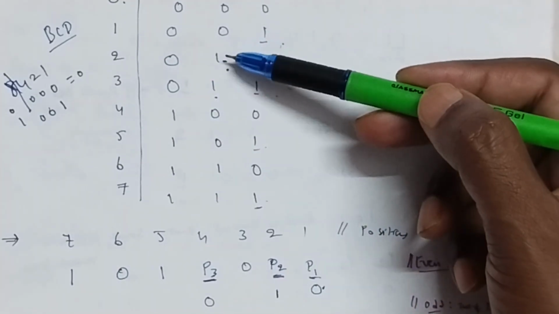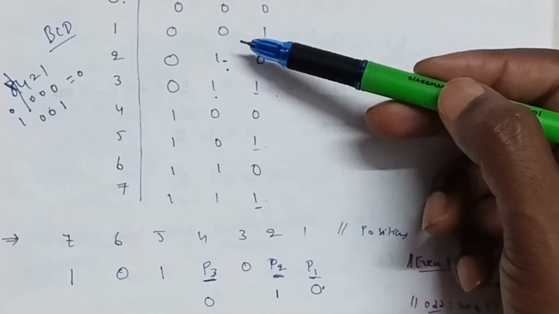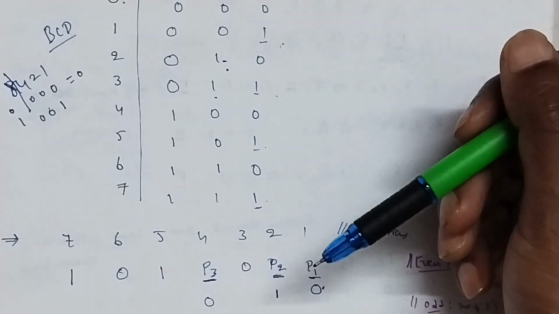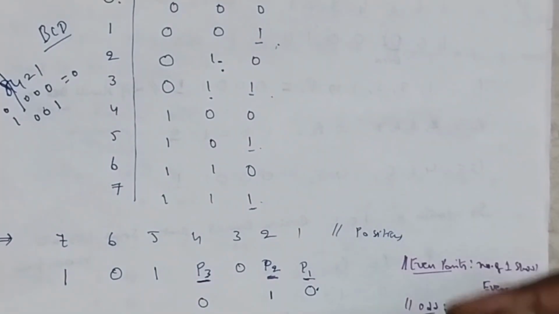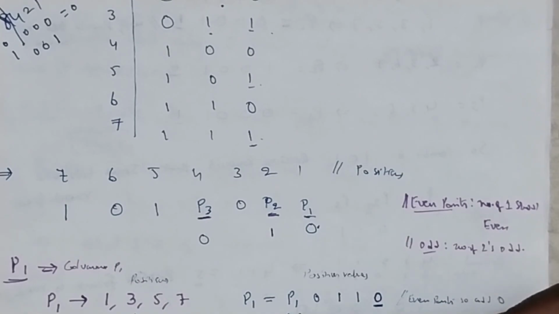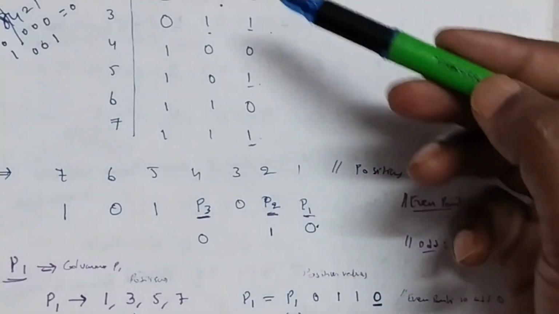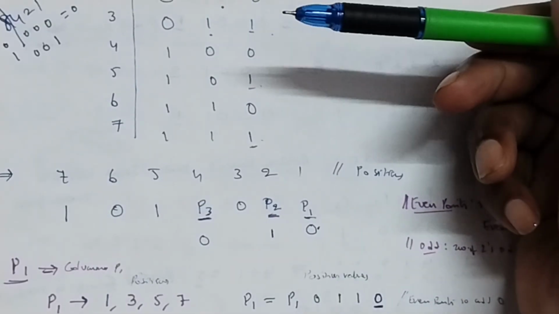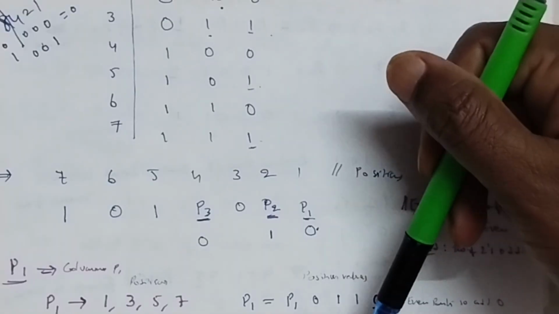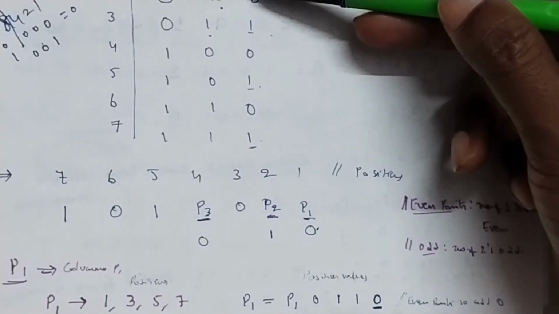What is the P2 position value here? The P2 position value is 0. P2 value is 0.